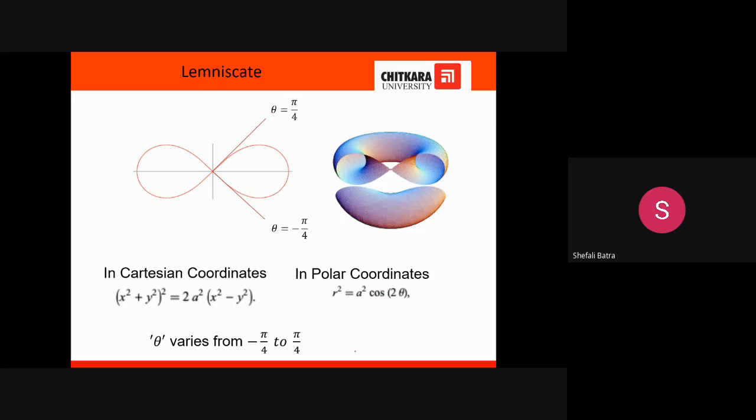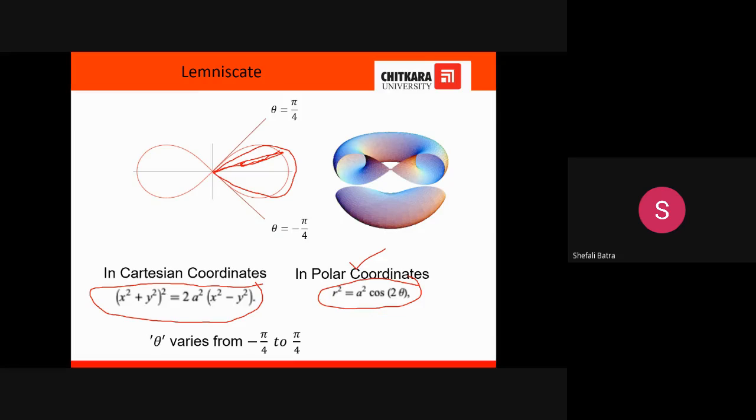The equation is r square is equal to a square cos of 2 theta in polar coordinates, and this is the equation in Cartesian coordinates. In polar coordinates, this line is theta is equal to pi by 4, and this line is theta is equal to minus pi by 4. If your region of integration is this, you'll be making a strip in this area.